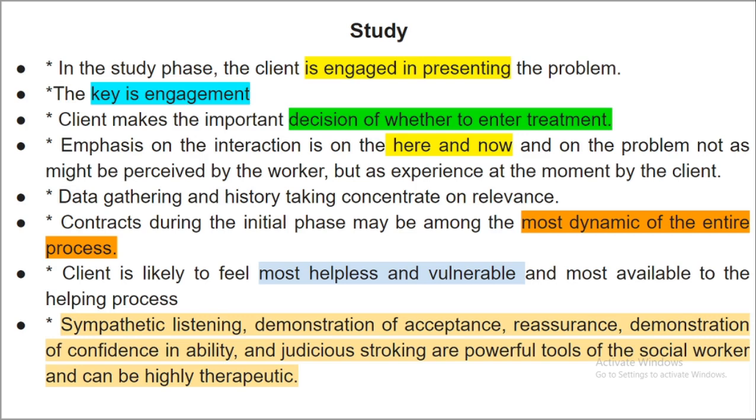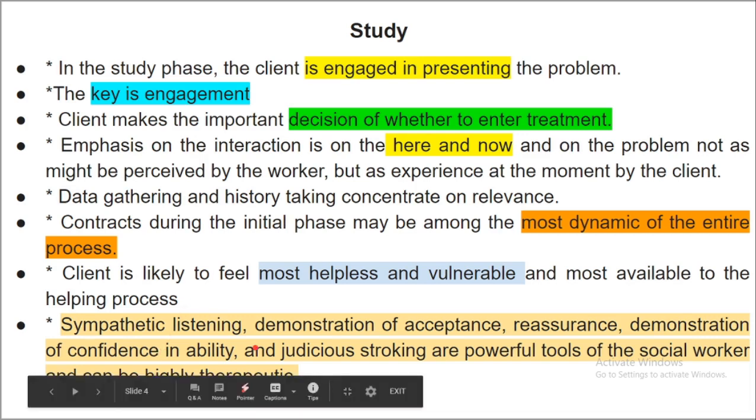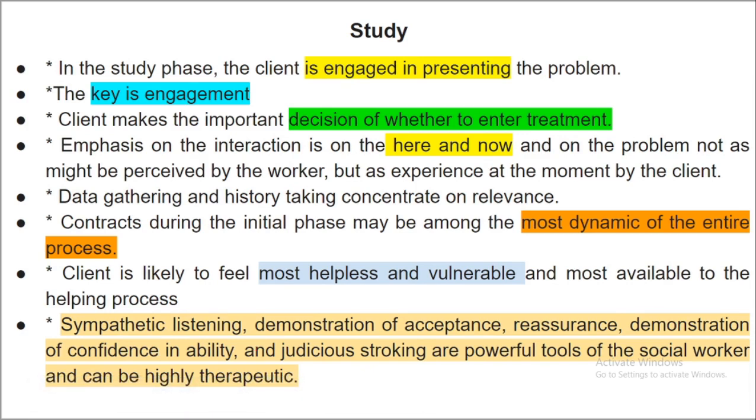Next point is sympathetic listening, demonstration of acceptance, reassurance, demonstration of confidence in ability. Judicious thinking is a powerful tool of the social worker, that means the social case worker, and can be highly therapeutic. So the social worker should listen sympathetically.